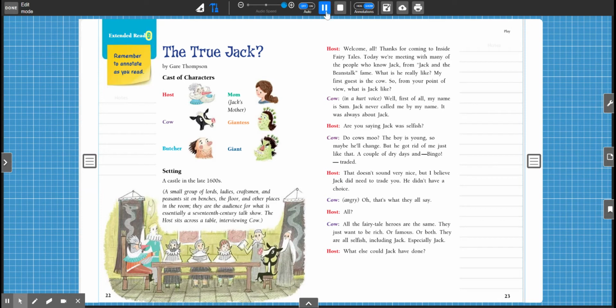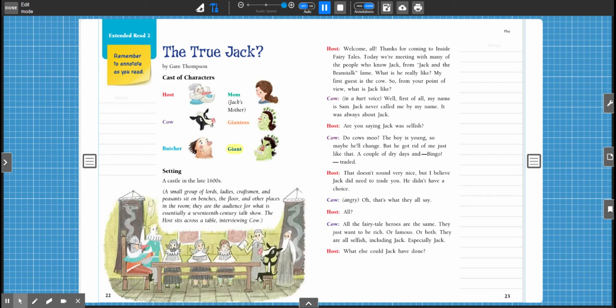Extended Read 2. Remember to annotate as you read. The True Jack by Gare Thompson. Cast of characters. Host. Mom, Jack's mother. Cow. Giantess. Butcher.